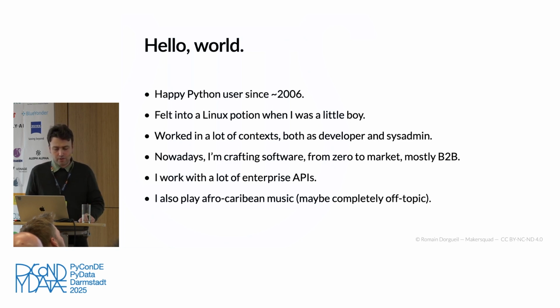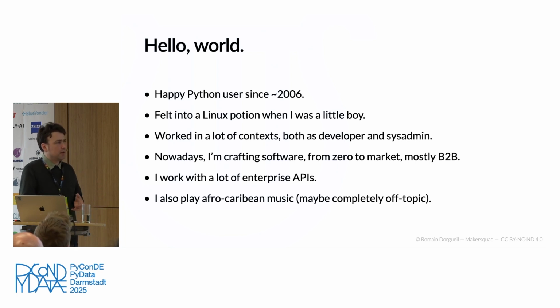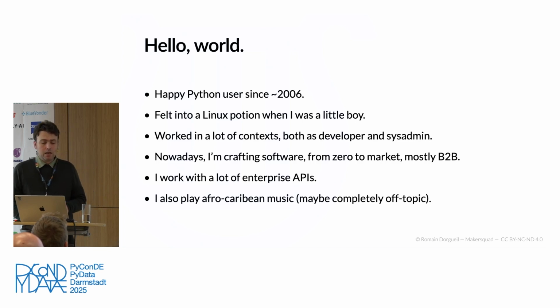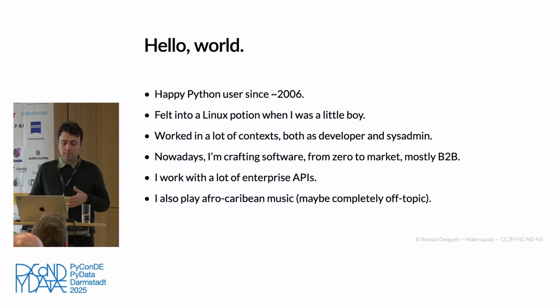And nowadays, I created a small company called Maker Squad, and our job is to build software, we say, from zero to market. Before the idea, we help clients to understand what they need or what they don't need. And we help them conceive, design, build and operate it.